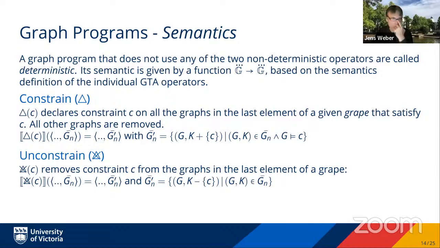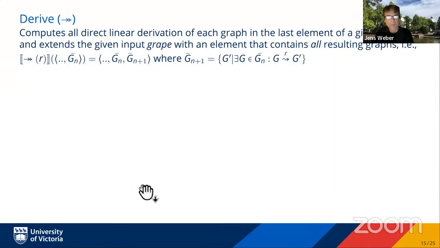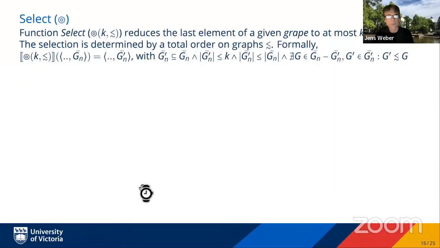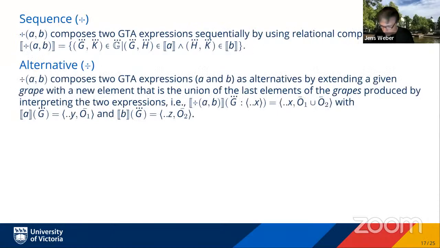When I talked about the syntax slide, I mentioned what these GTA operators are doing, so I won't go into the detailed semantic definitions here, but I can keep that for when there are questions. So I'll just move forward. Let's just see what I'm doing here for the time. Yeah, 22 minutes in.